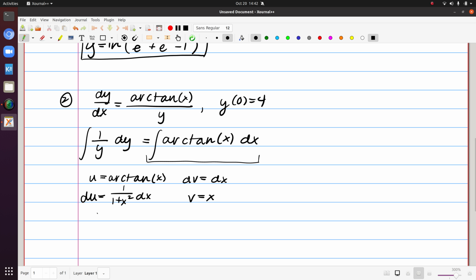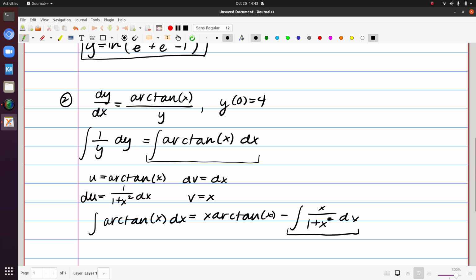So the right-hand integral is equivalent then to x arctangent of x minus the integral of x over 1 plus x squared. Now, to evaluate this integral, we could use u substitution. I could view u as 1 plus x squared.